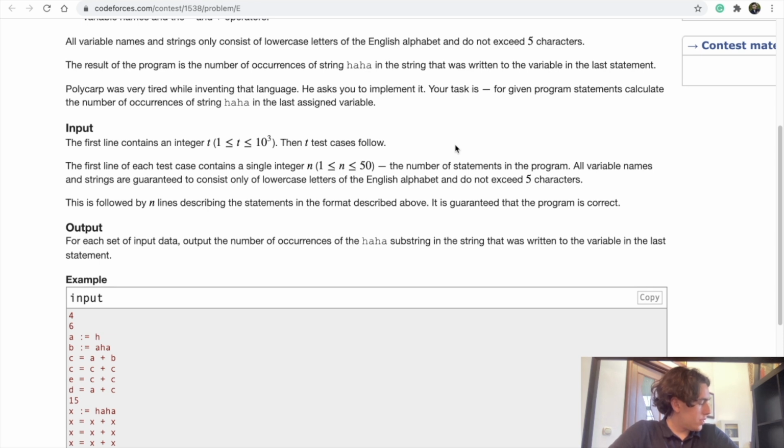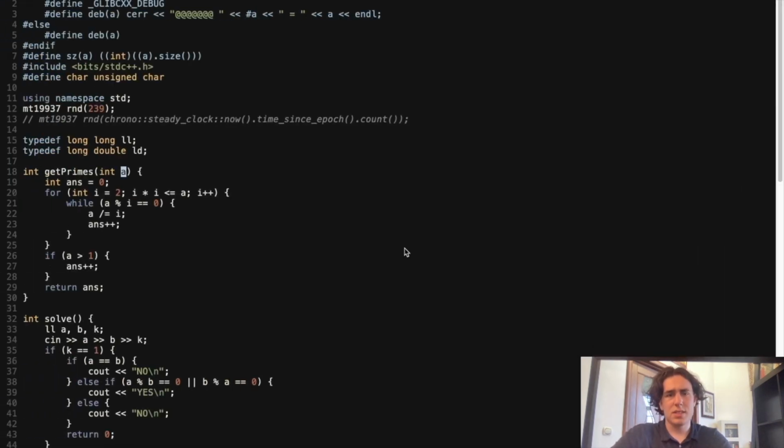So we should store the last, like, 3 letters, the first 3 letters, and the number of occurrences for each variable. Yeah, seems like that. Not really a great way to solve it, but I don't see any other.